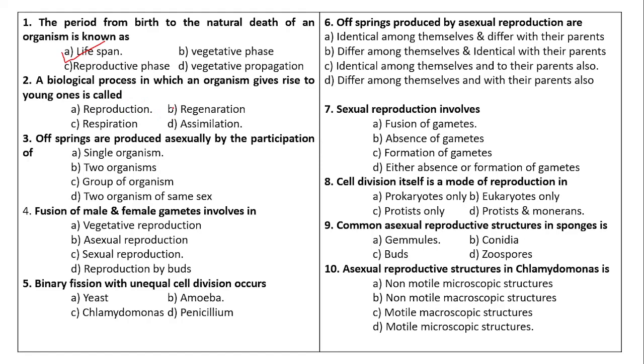Regeneration means only the development of a particular part which has been lost. Regeneration does not mean the complete development of an organism; instead, it refers to the development of only a part of the organism.